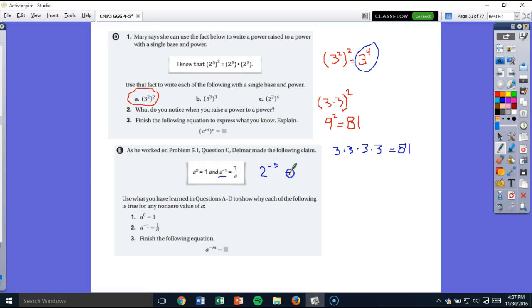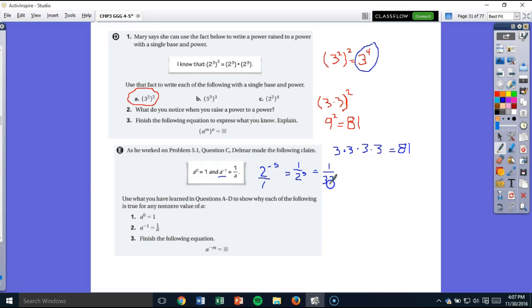Well, what we do with that is we invert this, makes it 1/2, because essentially this is 2 over 1. So we flip it upside down, 1 over 2 to the fifth. So we invert it, and then we make the sign on the exponent positive, and then you would carry this out: 2, 4, 8, 16, 32. So 1 over 2 to the fifth would be 1/32.